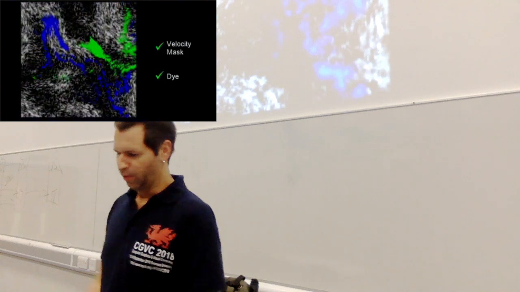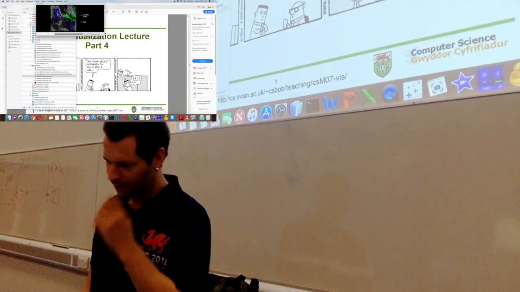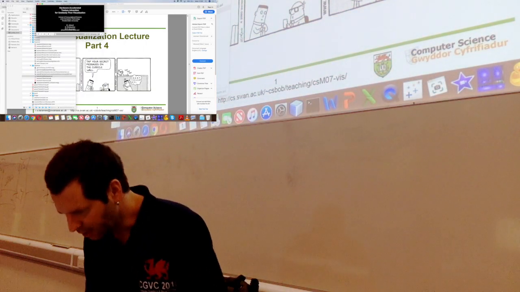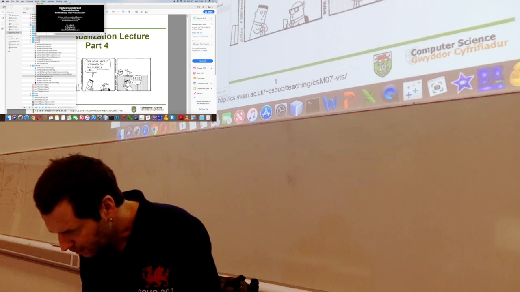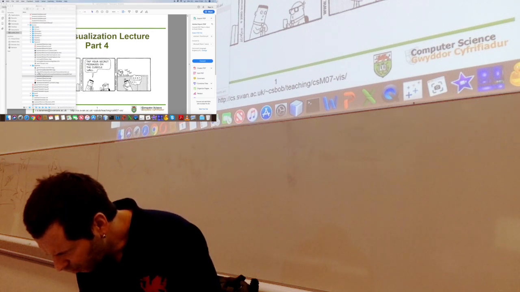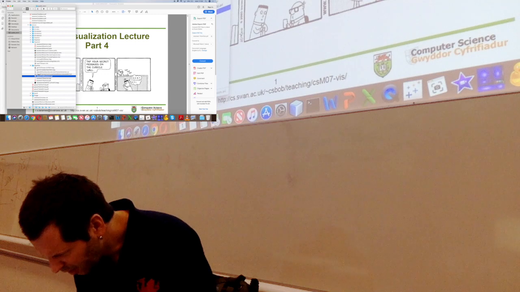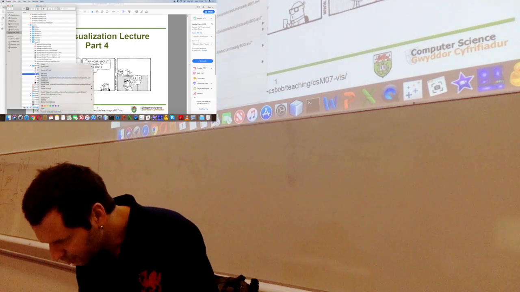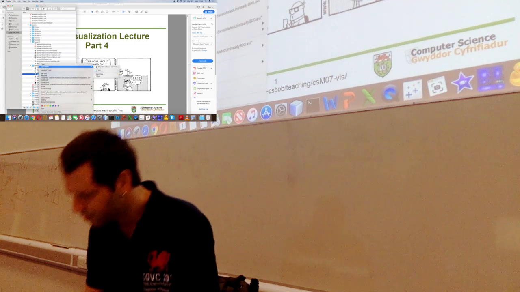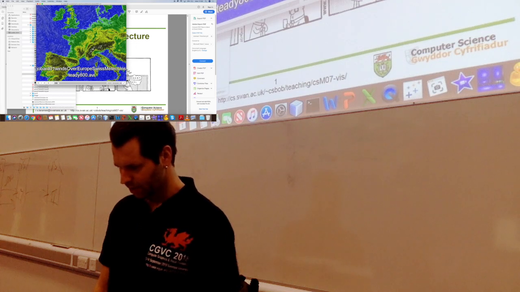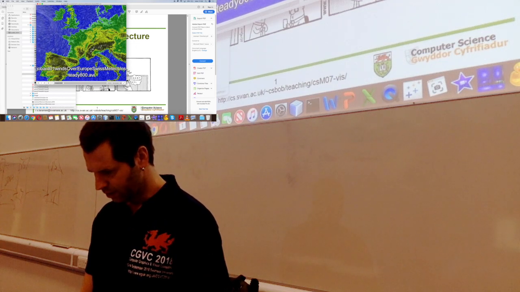That is actually a wind pattern over Europe, but we didn't see the European map in that example. I do have one with a European map, I believe. So that one is with a map.